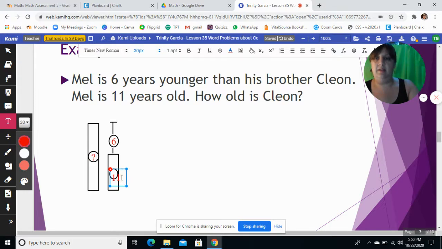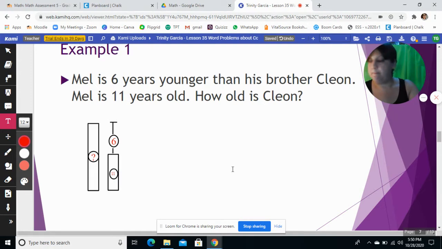Let me make that a little smaller so it'll fit in there. There's our 11.